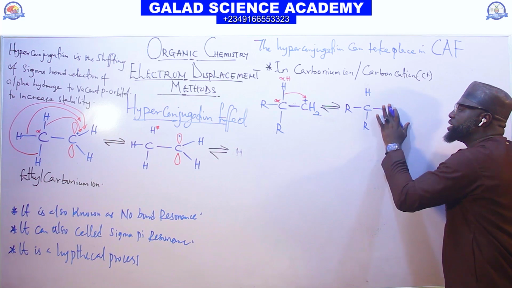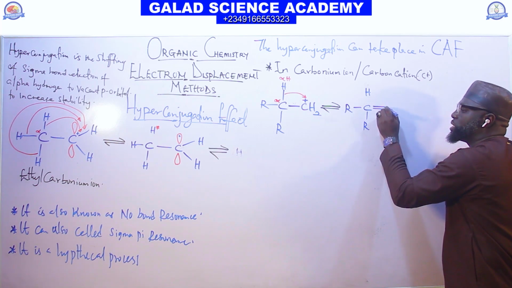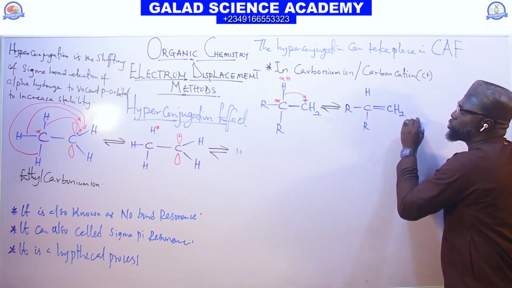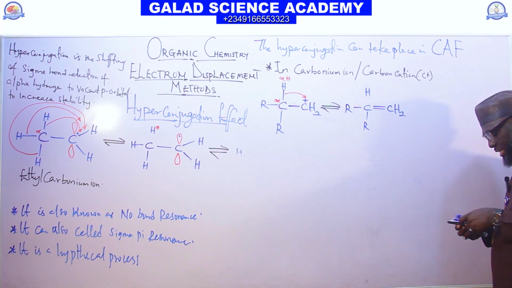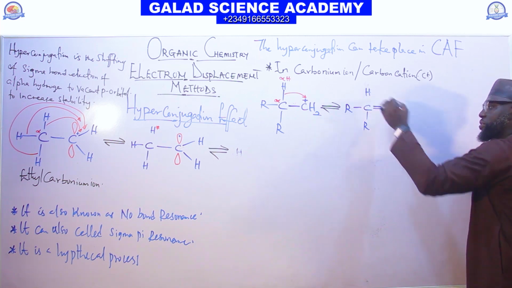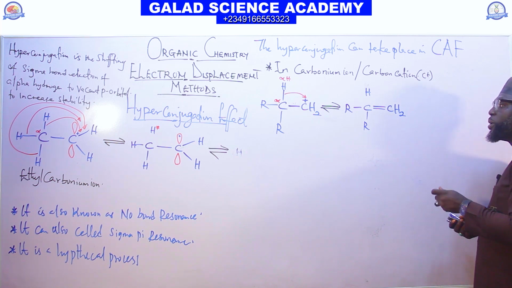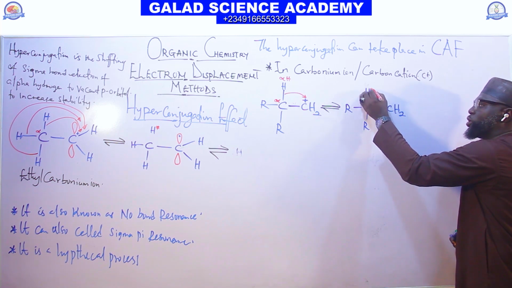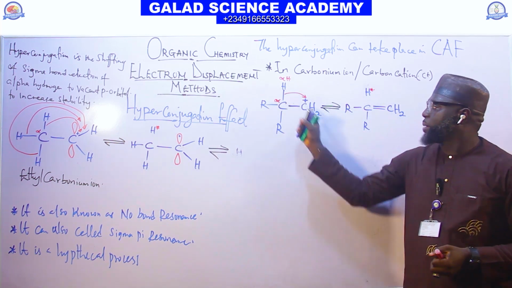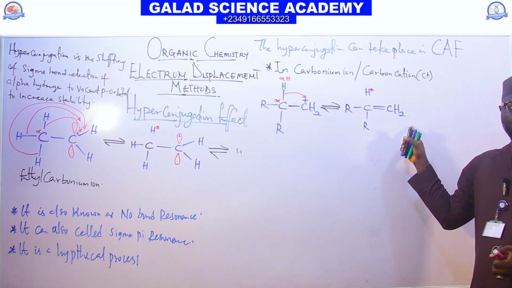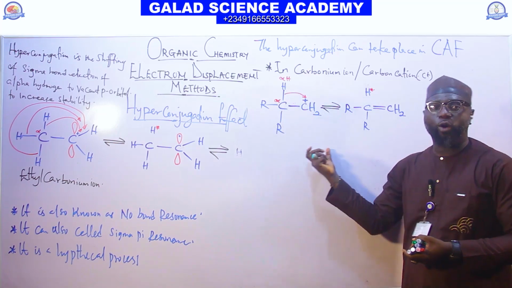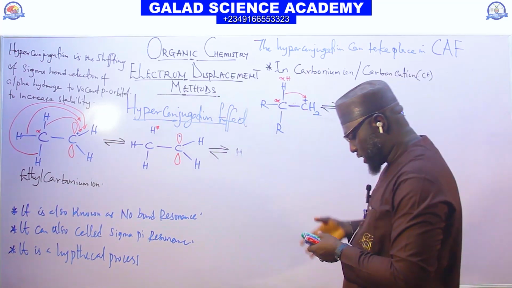So when this is moved to this side, it becomes CH2. And at this side now, we have the no bond hydrogen. So we have the carbonium ion and the resonance structure 1. So the hyperconjugation takes place in carbonium ion. This is a good example of it.